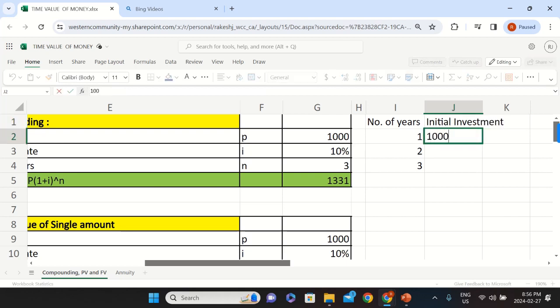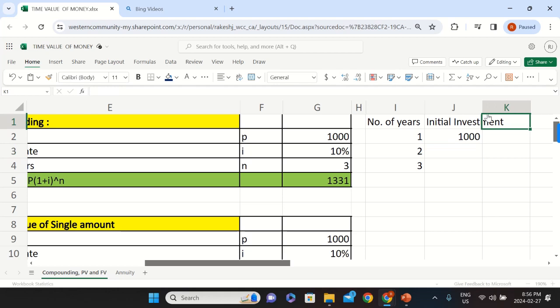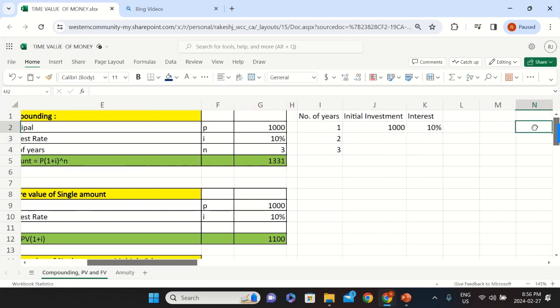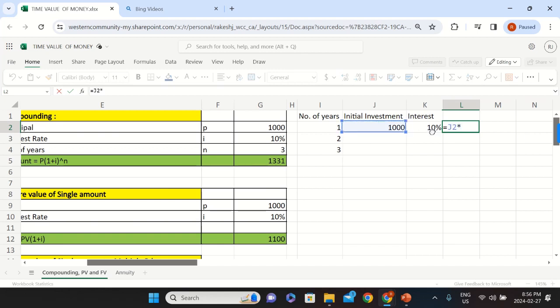So the initial investment was $1,000, and the interest rate here is 10%. Let's say 10% is the rate of interest, and we calculate how much interest we have. 1000 into 10%, this is the interest amount, and at the end of the period, or end of the year, the amount will be 1000 plus 100, so this is 1100.